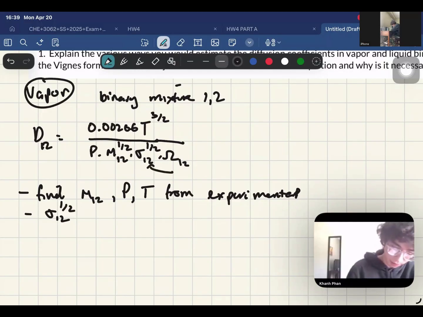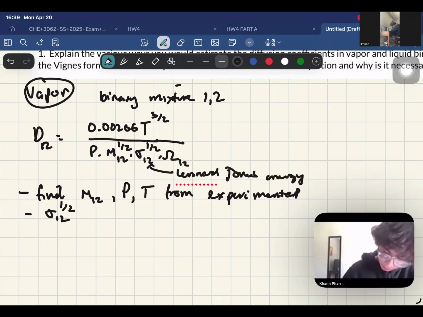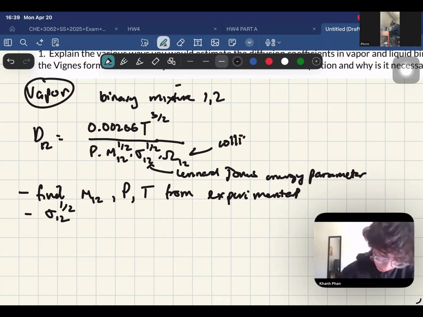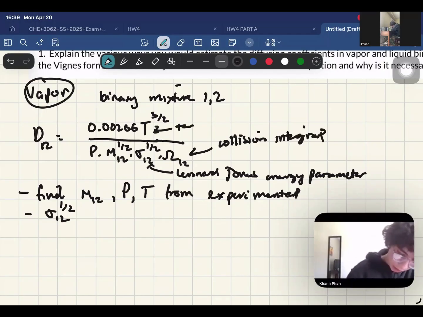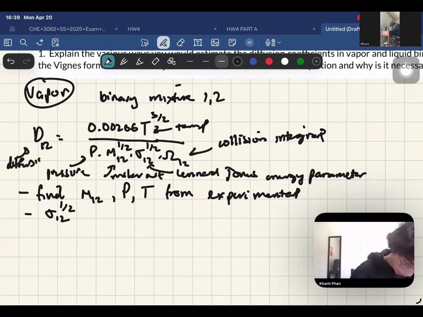Let me just write it down. And then this one is the collision integral. And then temperature, molar weight, and then pressure. And then the diffusion coefficient.